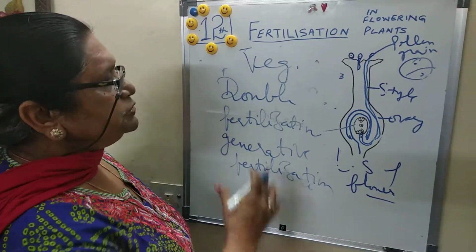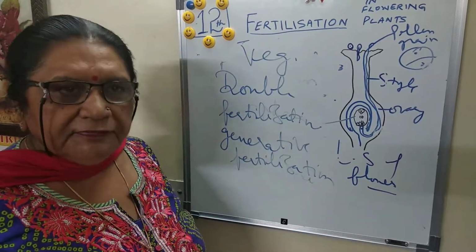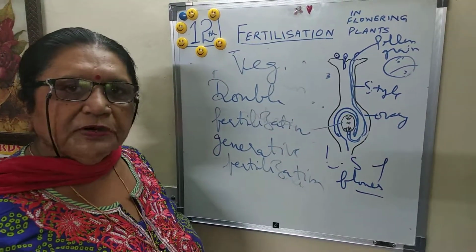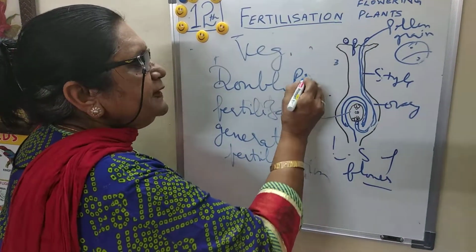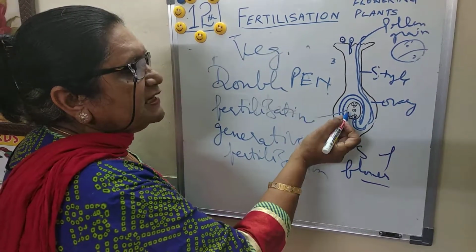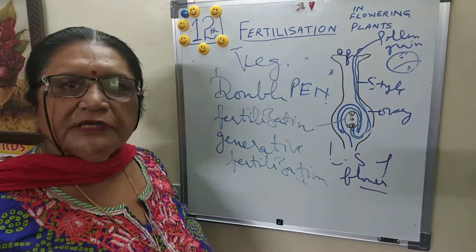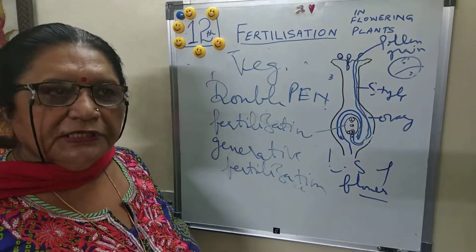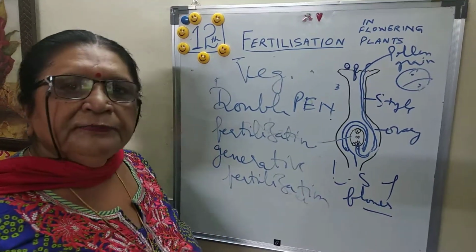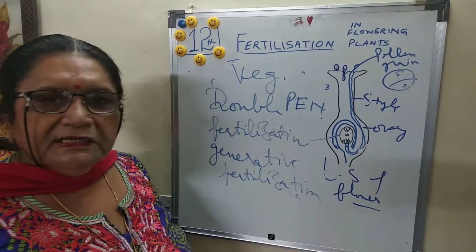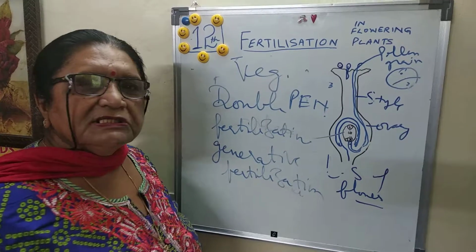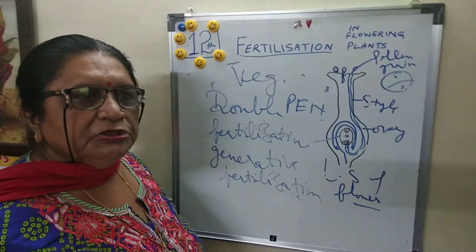Together they constitute double fertilization, and this triploid endosperm is also called PEN. When the secondary nucleus combines with the male gamete to form the PEN, the primary endosperm nucleus, the cell is called PEC, primary endosperm cell. So double fertilization is the main feature of angiosperms.